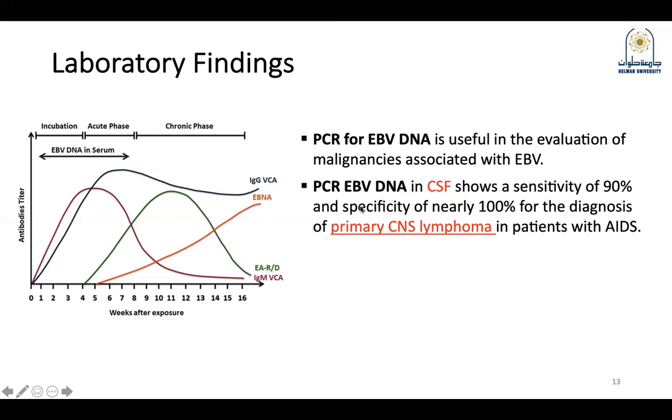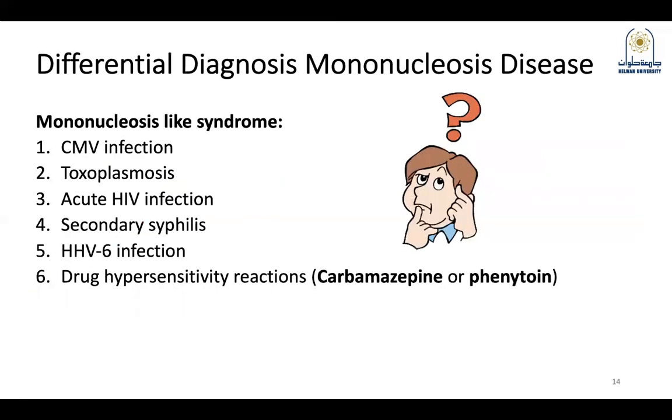And the PCR DNA in the CSF could discriminate between CMV meningitis and primary CNS lymphoma in immunocompromised patients like in AIDS.